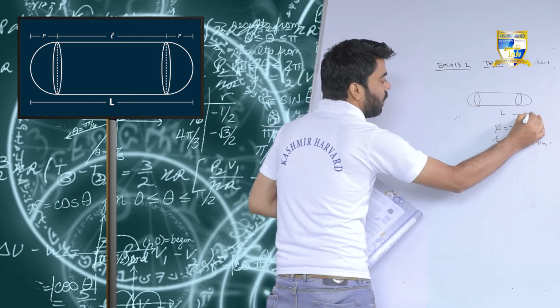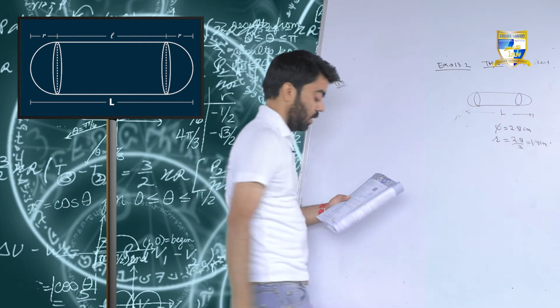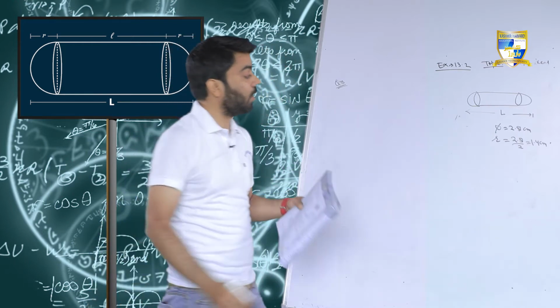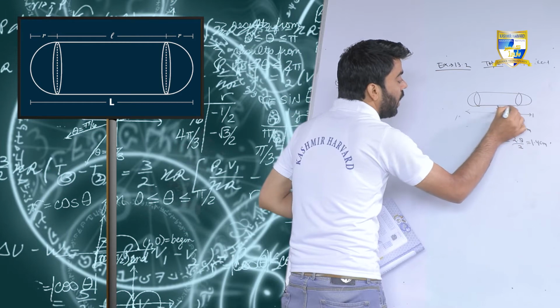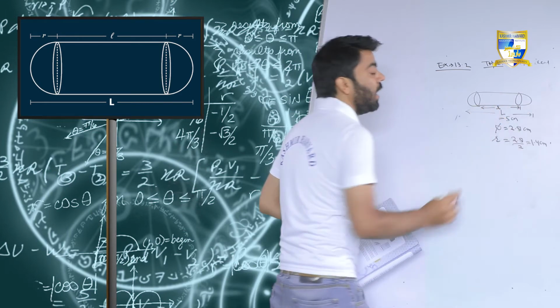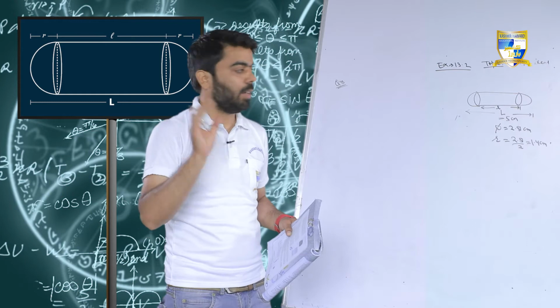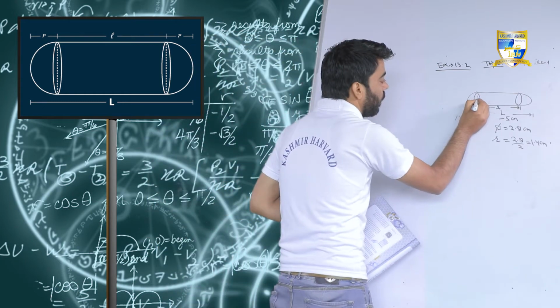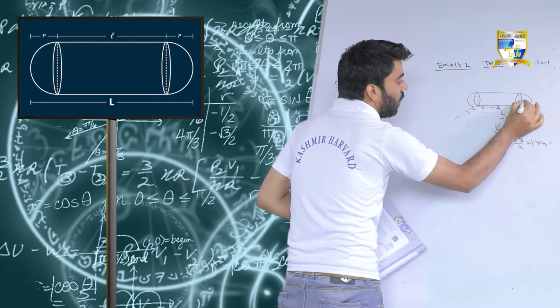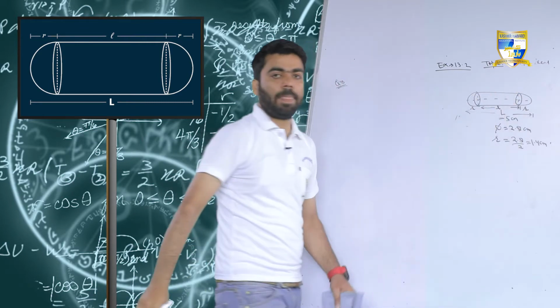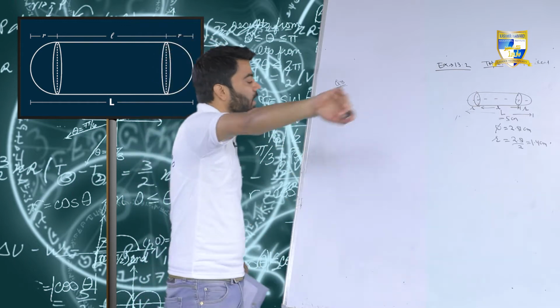Capital L is the length of the gulab jamun, that's equivalent to 5 centimeter. Let small l be the length of the cylindrical part. And this is R, this is R, and this will be H. Clear?